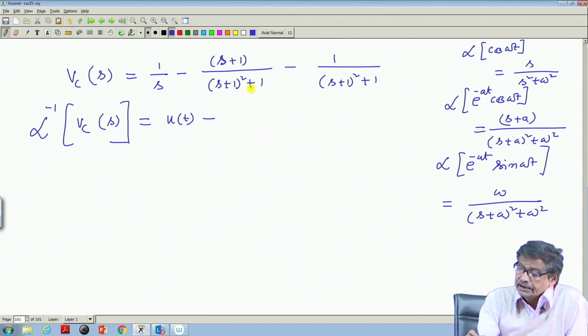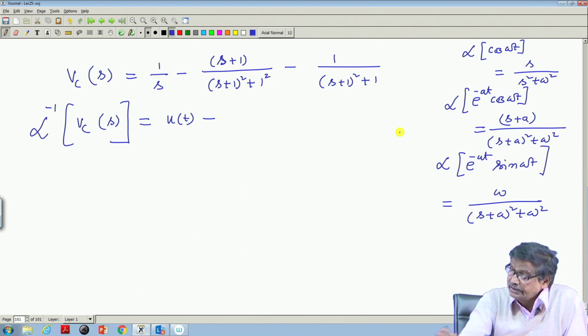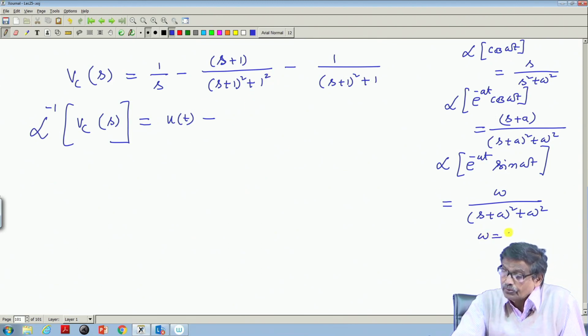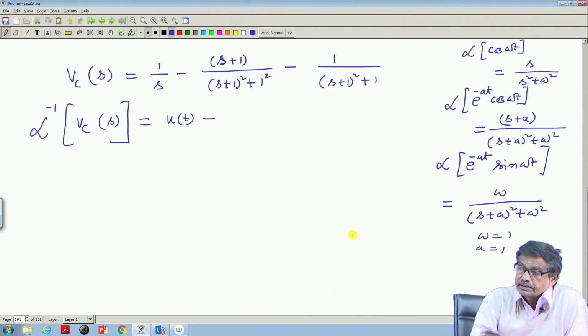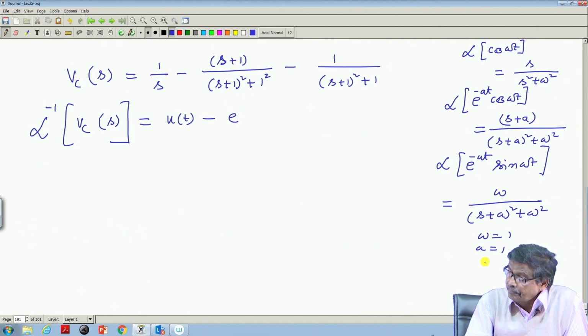Omega, we can easily recognize this to be 1. In our example, omega is equal to 1, A is equal to 1. So, if you take the Laplace inverse, I will straight away write it to be e to the power minus a t, A is 1.